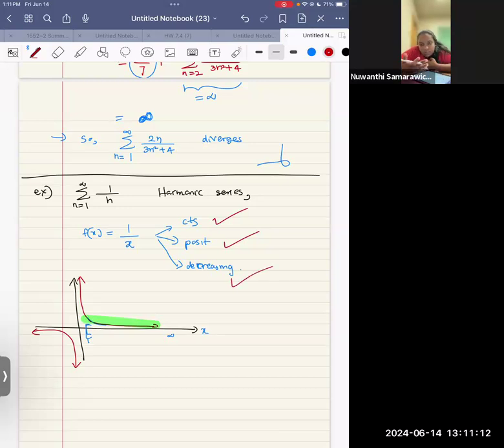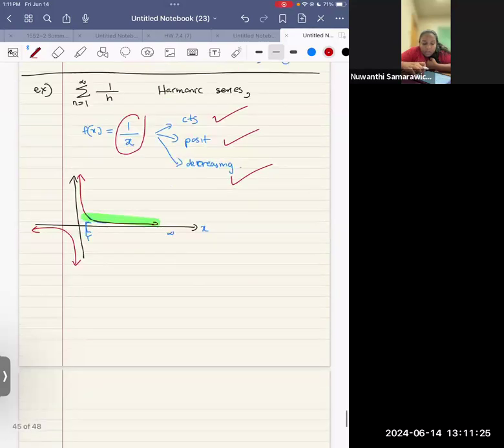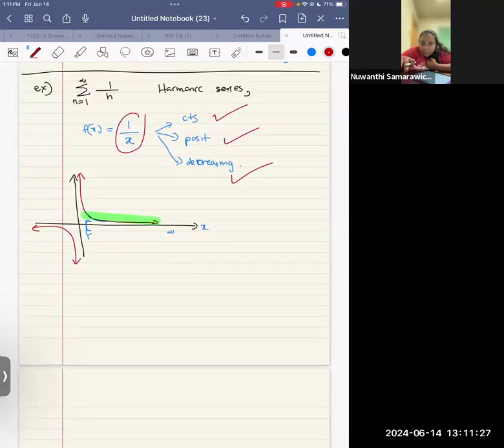Why? Because you see it from the graph. If you know the basic graph, you can just say by the graph that all these three conditions hold. Because these three conditions are satisfied, we can use the integral test.